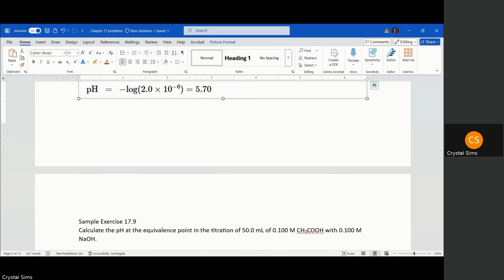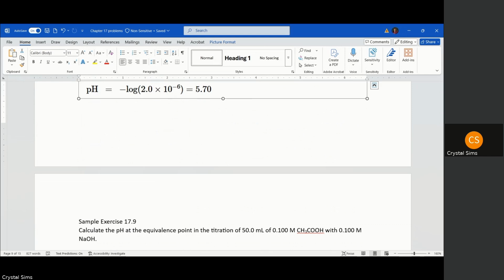The initial number of moles of acetic acid is going to be the number of moles of acetate ion at the equivalence point. So we can use the volume of the solution at the equivalence point to then calculate the concentration of the acetate ion.